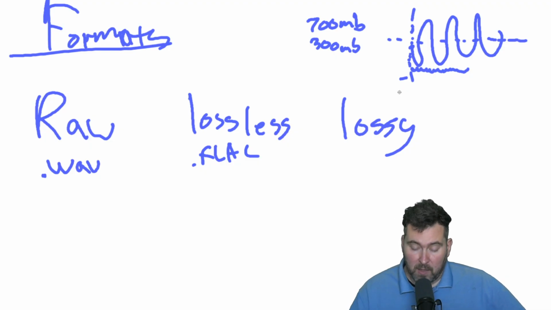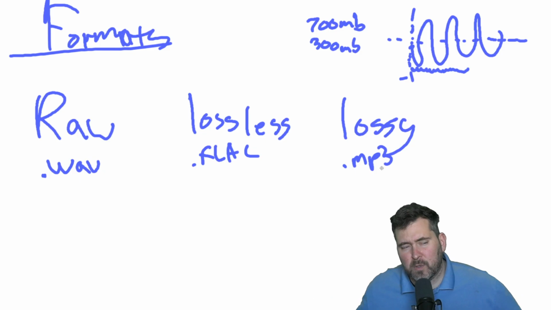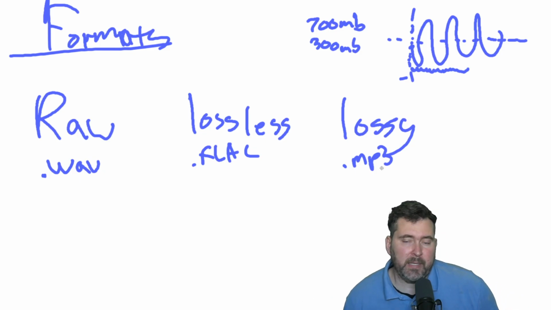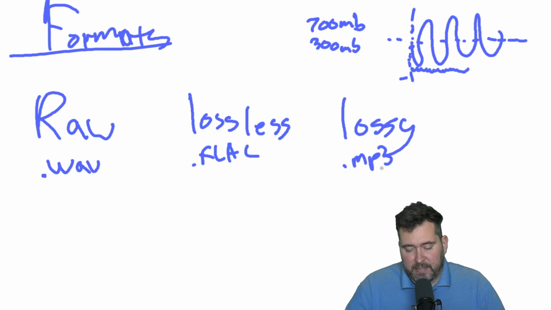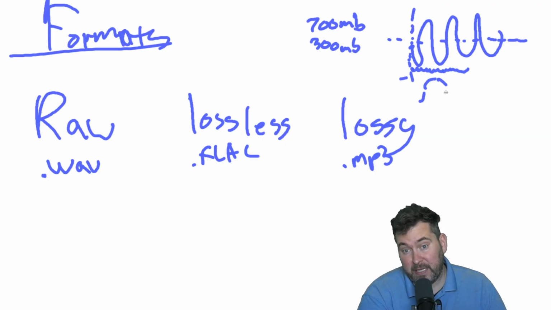Then we have something lossy. Something lossy that's audio is called an MP3 file. How does this work? Well, it's very complicated. But basically, instead of trying to be exactly correct about all of the shapes, the way that MP3 works is it makes lots of little copies of individual shapes.